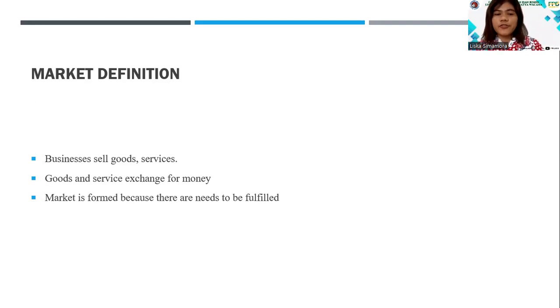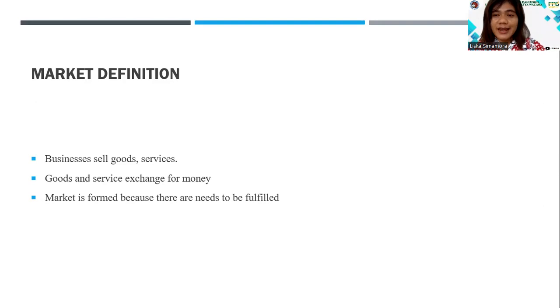And a market is formed because there are needs to be fulfilled. The customer is facing one gap, which is that they have needs, but they don't have products to fulfill those needs. So there are some people or organizations who can identify that gap, and they create things to eliminate the gap.